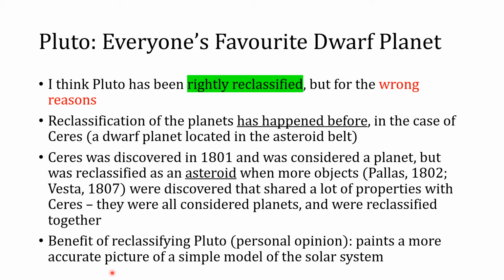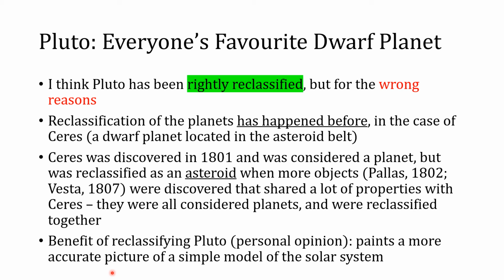Ceres was discovered in 1801, so 200 years ago, and it was considered a planet at the time, and it's actually large enough to be round, so that's pretty cool. If you go look up a picture of Ceres, you'll see that it looks like it totally should be a planet just by looking at it. So it was considered a planet when it was found, and probably rightfully so at the time.